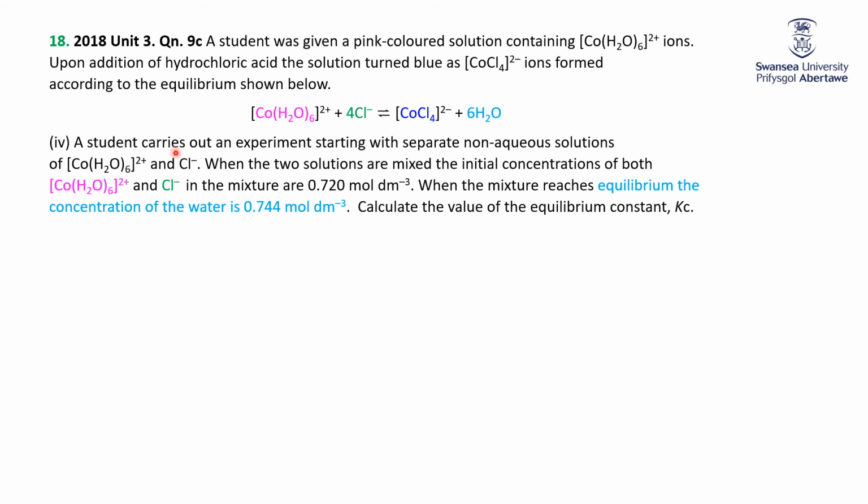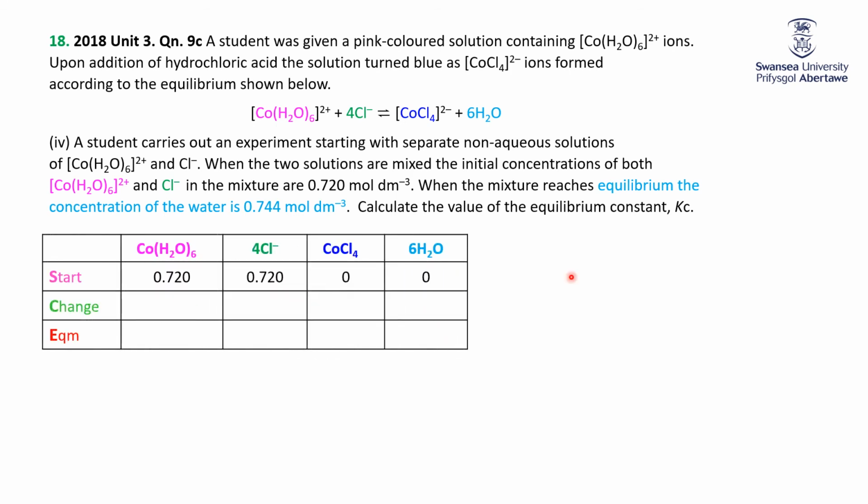Same question: a student carries out experiments starting with separate solutions of this and this. When they're mixed together, the concentrations of both this and this are 0.72 moles per cubic decimeter. When the mixture reaches equilibrium, the concentration of the water, right there, is 0.744 moles per cubic decimeter. Calculate Kc. So again, set up our ICE chart.